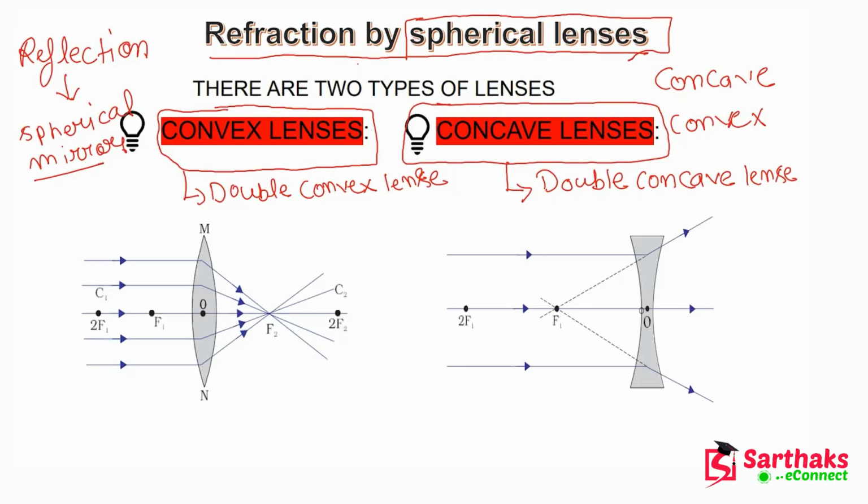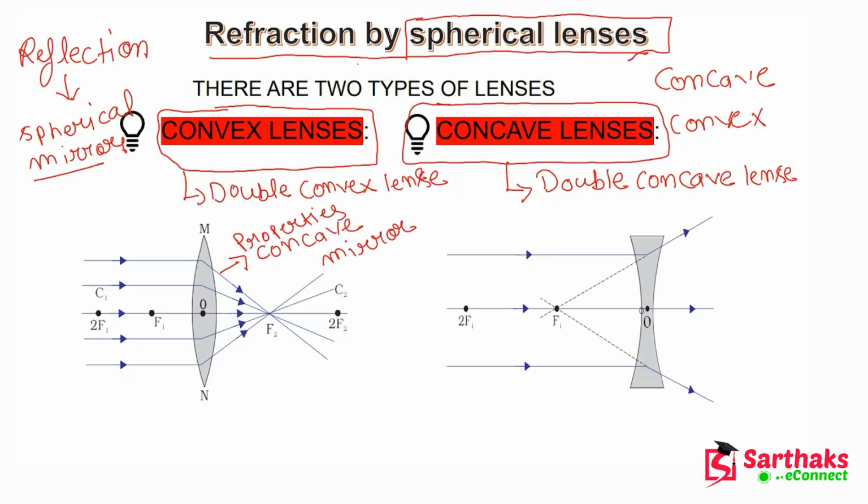Okay, guys, now before I tell you some other information about these lenses, let me tell you one thing: the properties of a convex lens are very similar to the concave mirror.